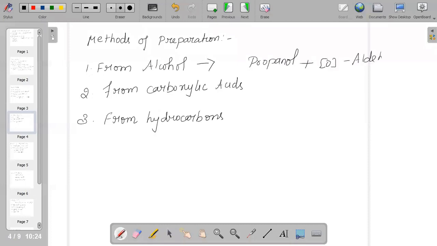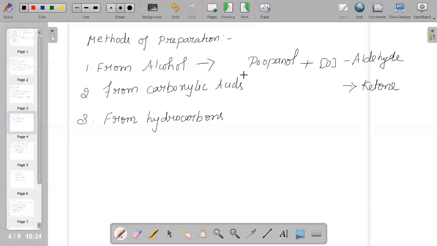When 2-butanol undergoes oxidation, it will give you a ketone. And tertiary alcohols will not react. So primary alcohol gives an aldehyde, secondary gives a ketone, and tertiary, since there is no alpha hydrogen, will not give you an aldehyde.